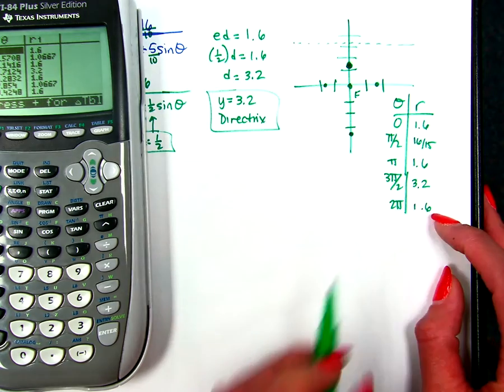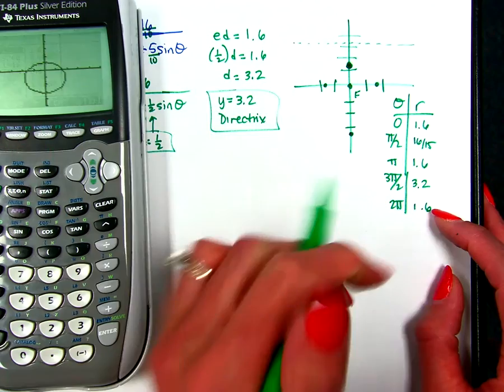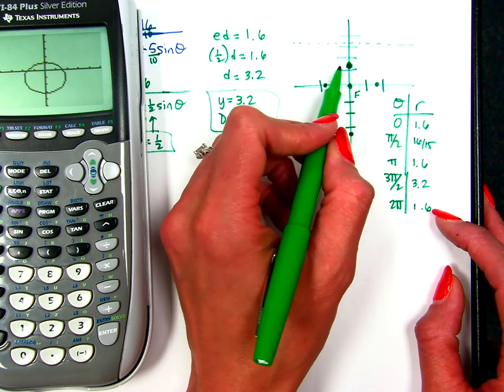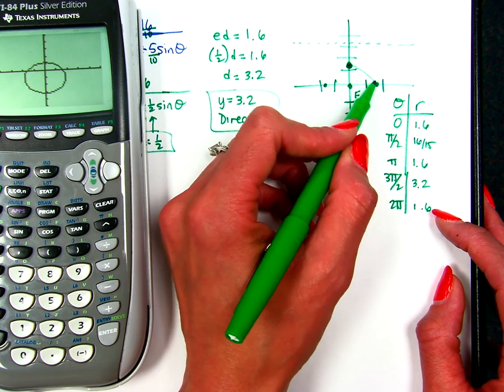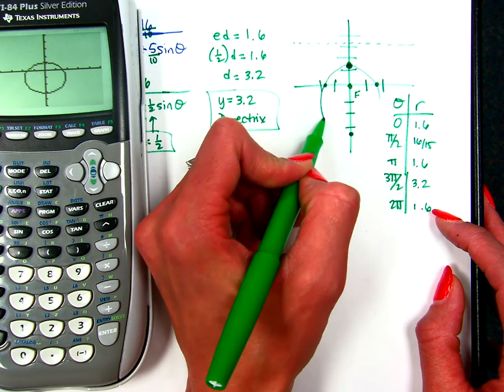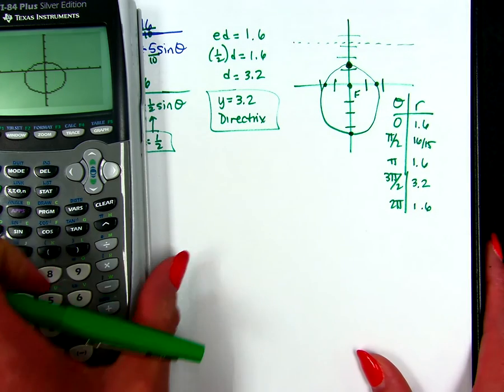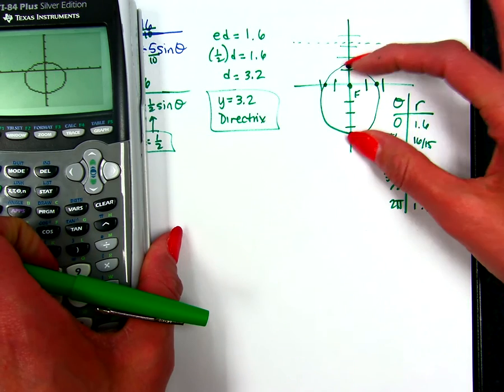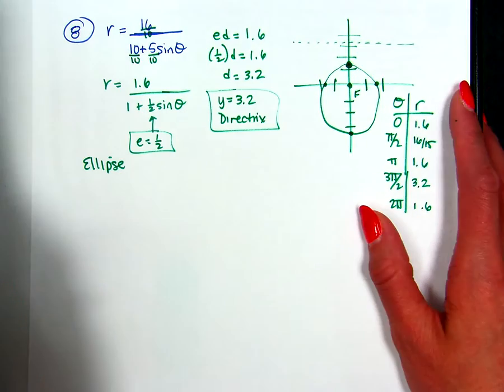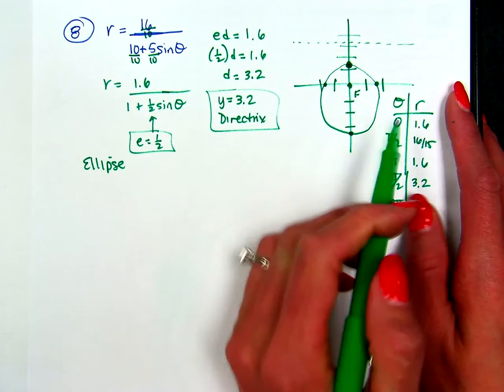And then at 2 pi, we're back at 1.6. So this is sort of your ellipse. I know it's not a great shape, but we don't have that many points to connect.